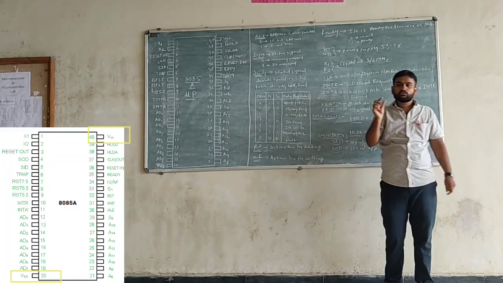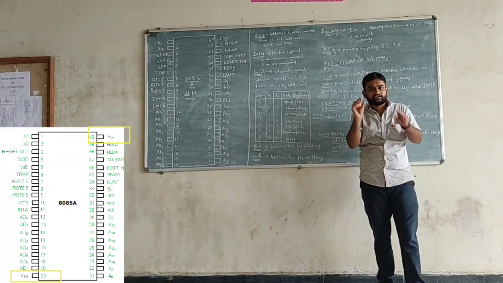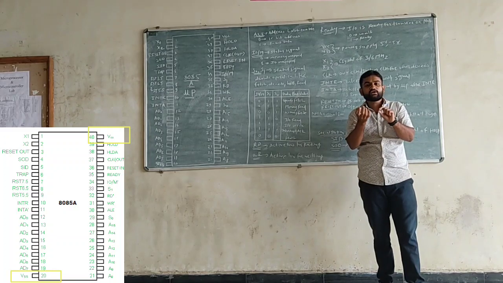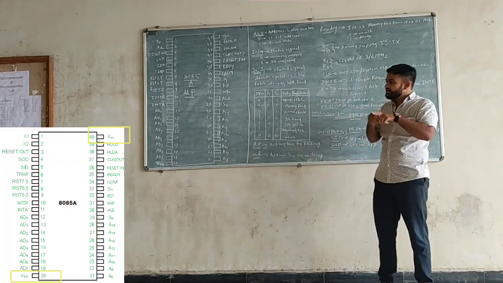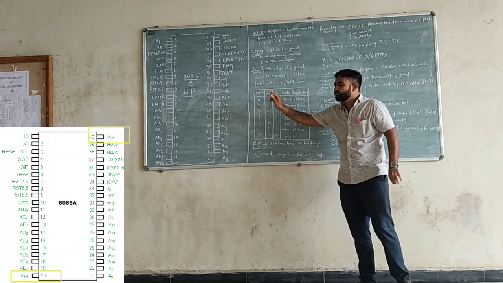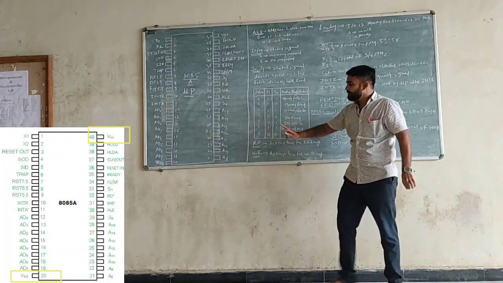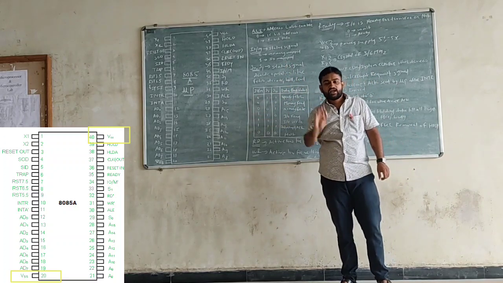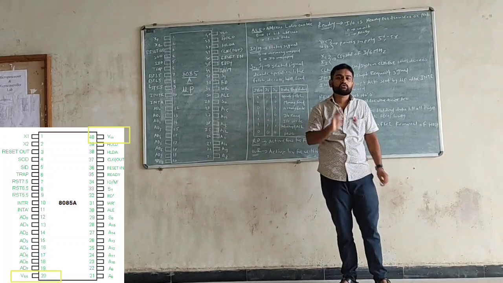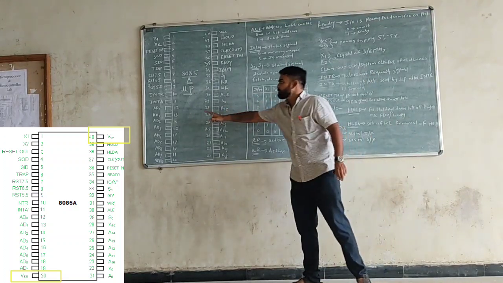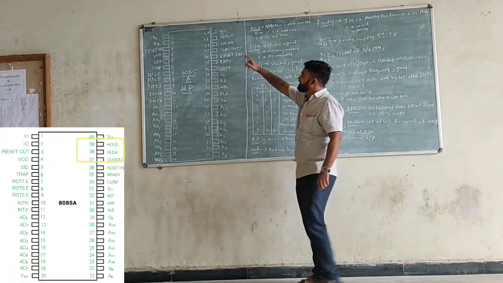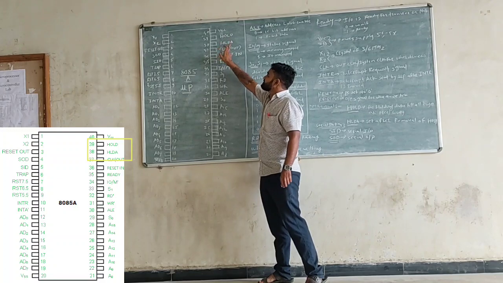The smaller the size of a transistor, the more it optimizes the battery, and it does not consume that much power. So the power requirement of the 8085 is provided by VSS and VCC. Between VCC and VSS, we provide a 5 volt power supply to the microprocessor, that is, the 8085. After that, we have HOLD and HLDA.